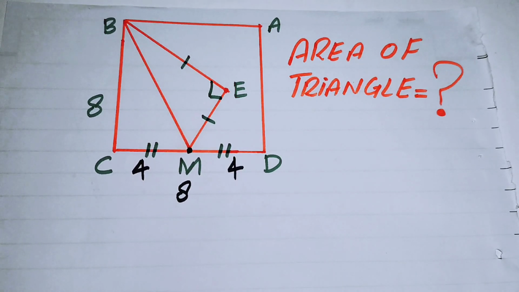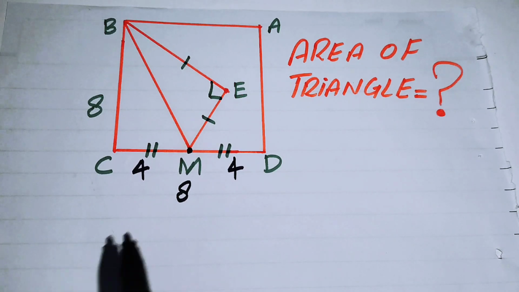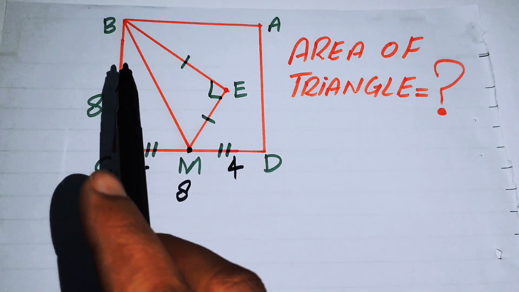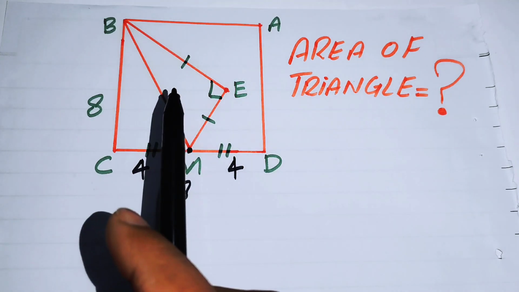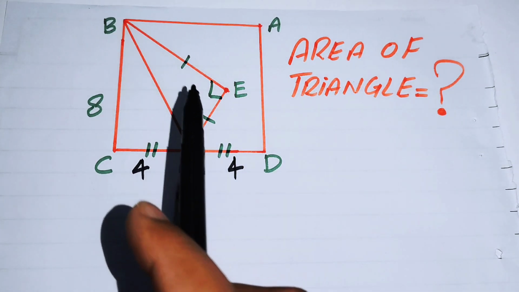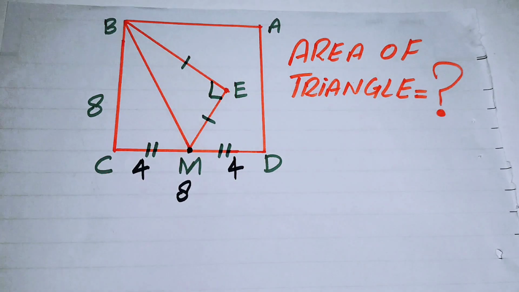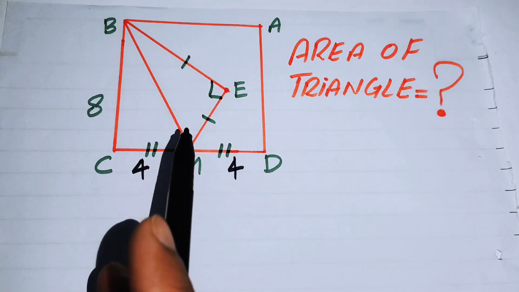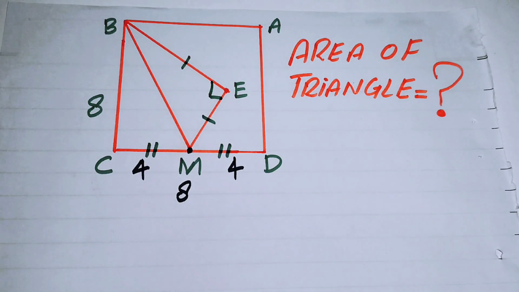As well, you will see that we have a right triangle BEM, and the lengths of two sides are equal, so it means that this triangle is an isosceles triangle. And you very well know that a triangle in which two sides have equal length is called an isosceles triangle.